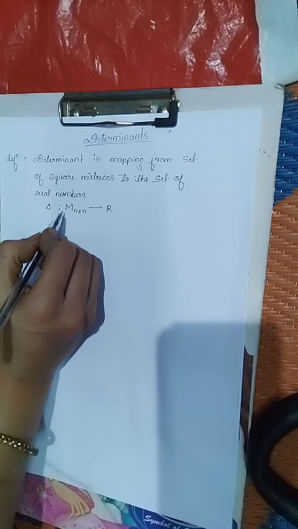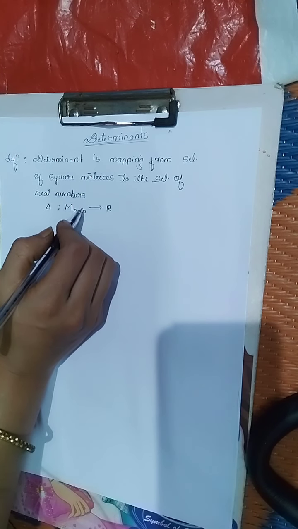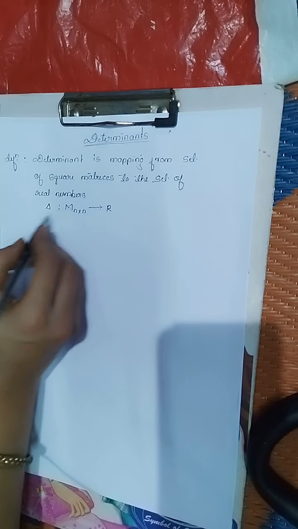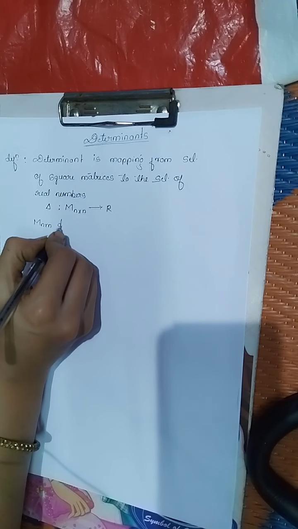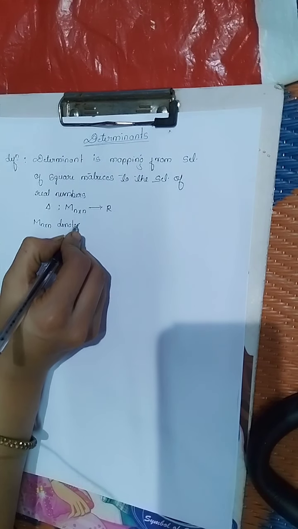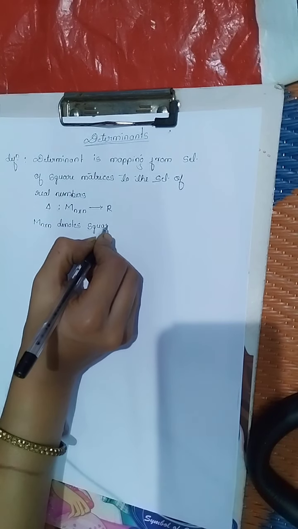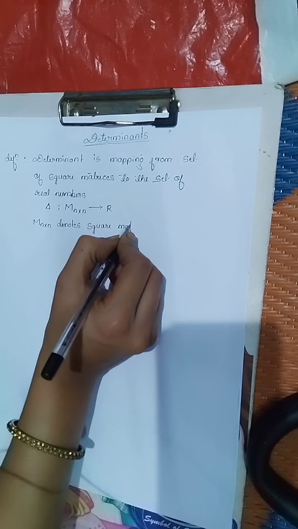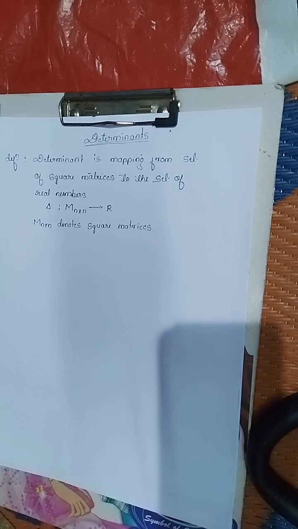Here the capital M n cross n denotes the set of square matrices. Square matrices means the number of columns is equal to the number of rows.